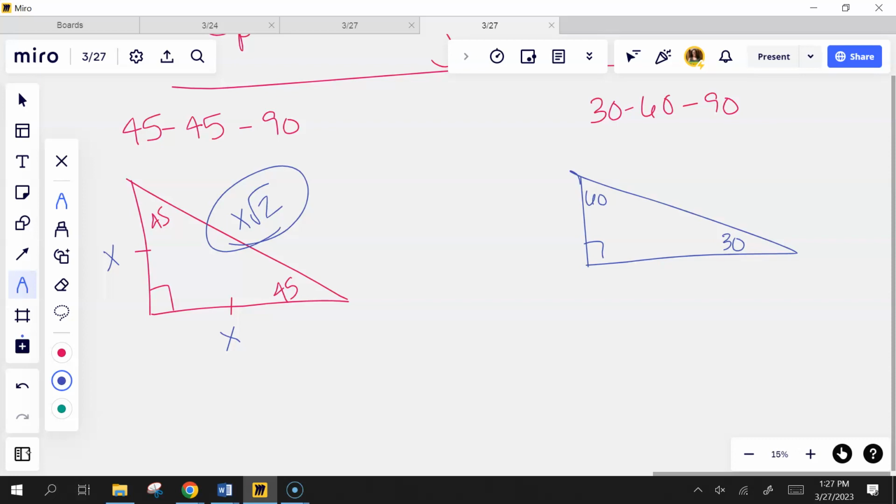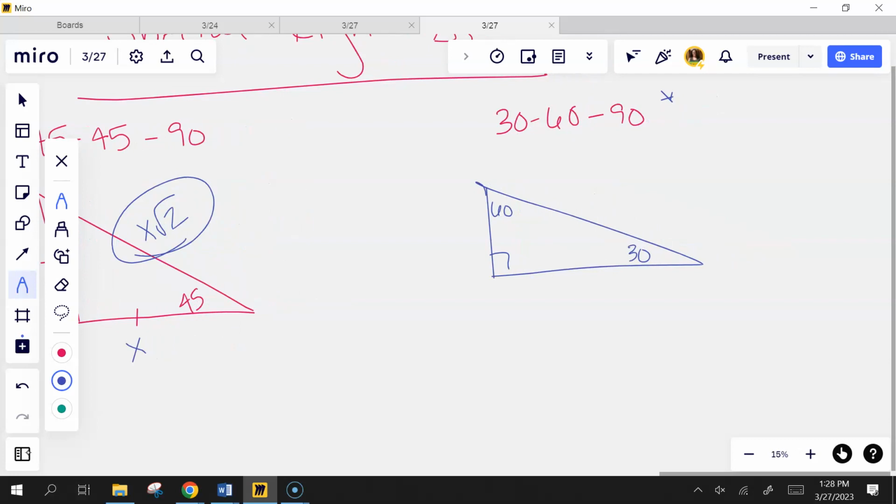That's why. All right, the sides of the triangle. So here's the key to a 30, 60, 90. Always start or make your way back to the short leg. I'm going to call it SL from now on. Short leg is across from the smallest angle.